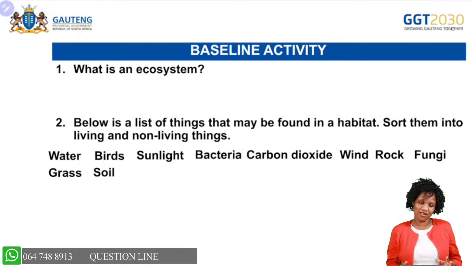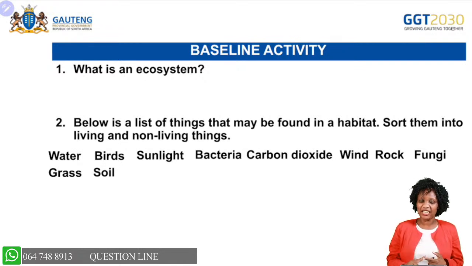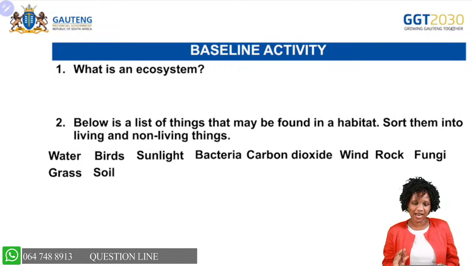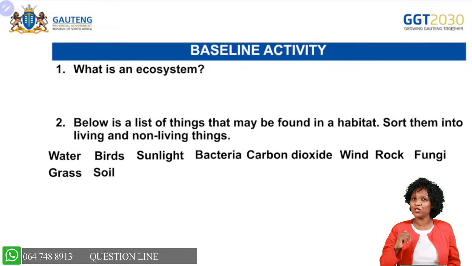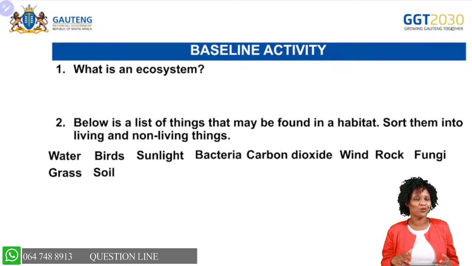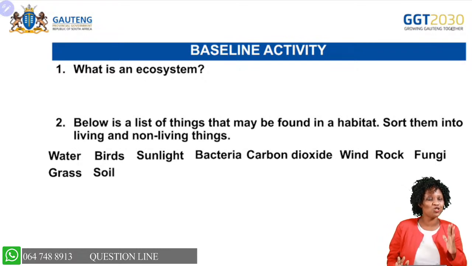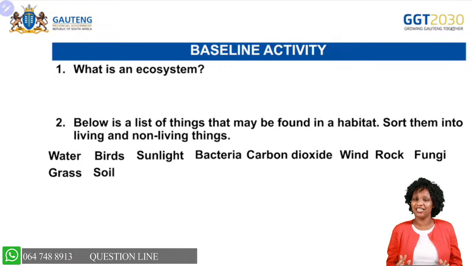We've got water, birds, sunlight, bacteria, carbon dioxide, wind, rock, fungi, grass, and soil. Therefore, you are going to make a table so that you sort this out into living and non-living. I'll just give you 3 minutes to answer the baseline activity. Let's start answering, grade 8.